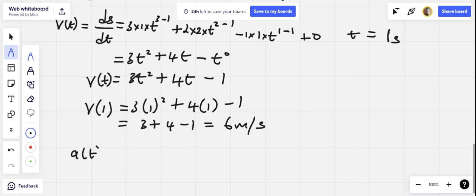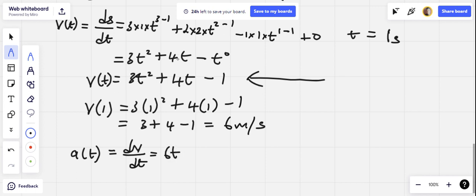Then for acceleration, we have to differentiate velocity with respect to time. And the expression for our velocity is what? 3t squared plus 4t minus 1. So if we differentiate, the coefficient 2 times 3 will be 6, 6t raised to the power of 1.